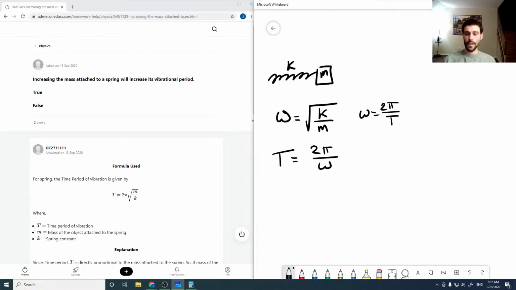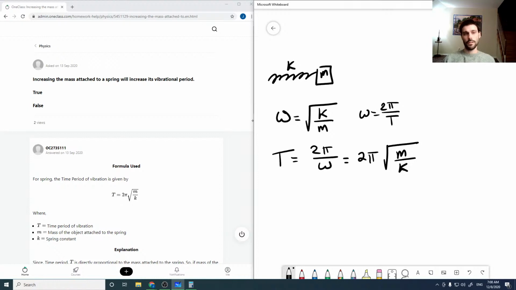To answer this, the best way is just to consider the equations we have here. So here's our omega, so we can substitute in. 1 over omega is just root m over k, so we just swap the two. And so our period is directly related to the square root of its mass.